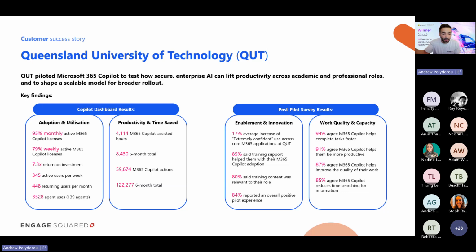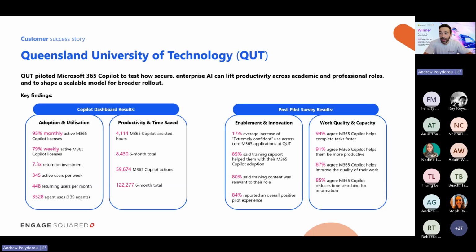Over 4,000 hours were saved across that cohort of 700 people, which was then used for other activities like focus work or different types of work. Based on license cost and time saved, we found a 7.3 times return on investment, which is incredible, smashing all of the benchmarks we had.